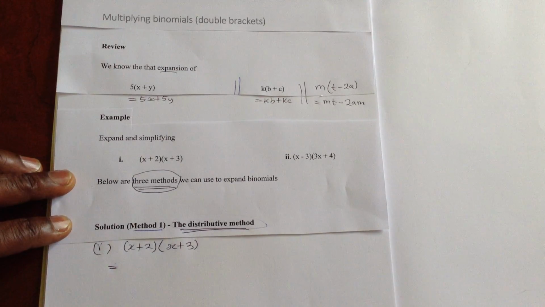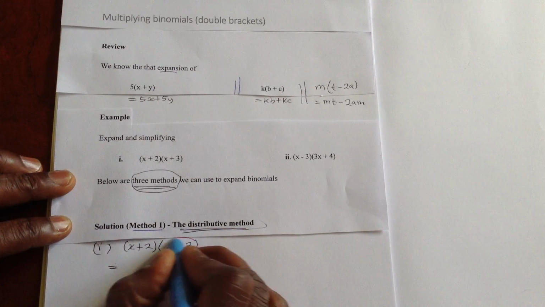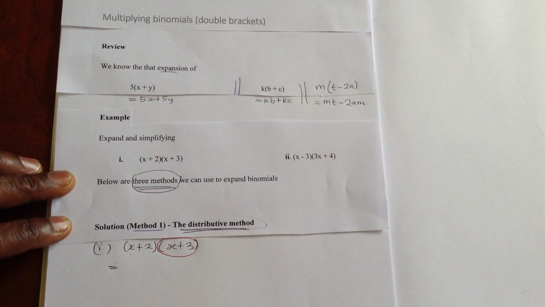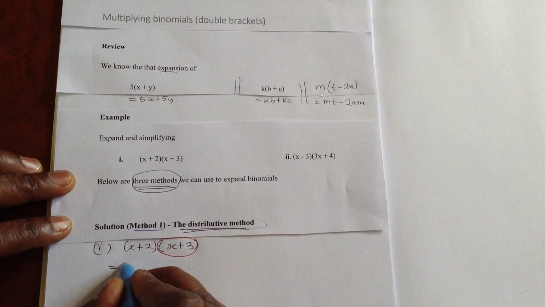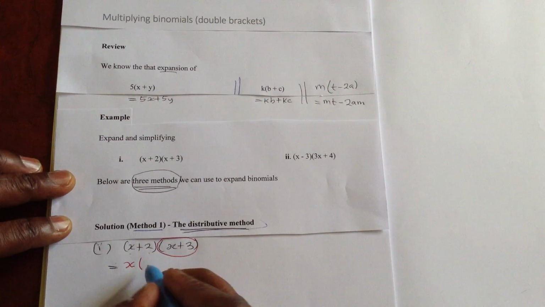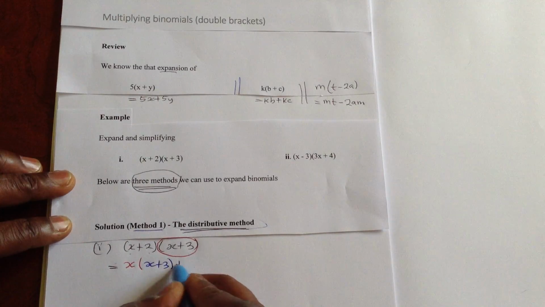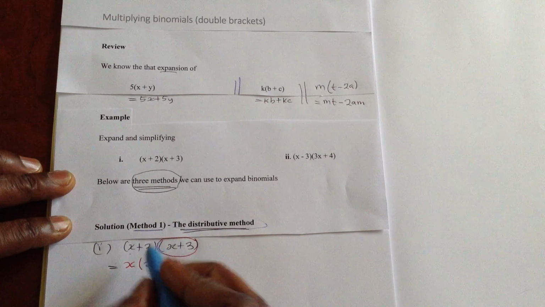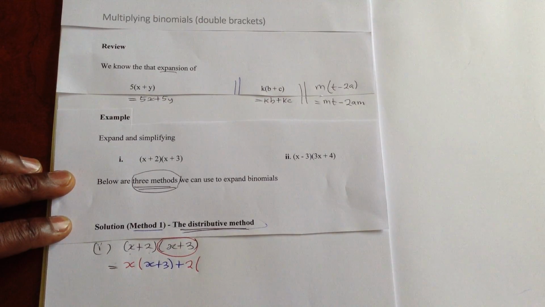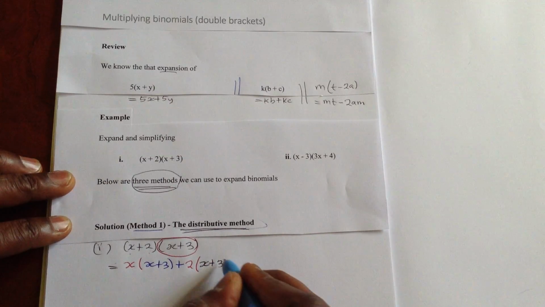Using the distributive method, I'm going to start by distributing that bracket to each term in the first bracket. So that will give me x into x add 3, add 2 into x add 3.